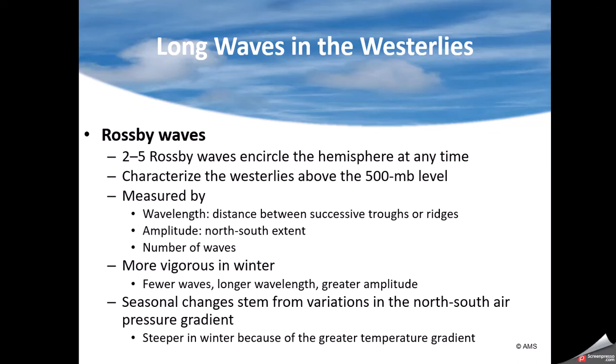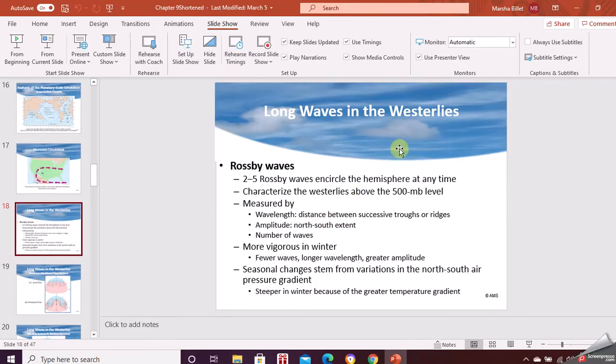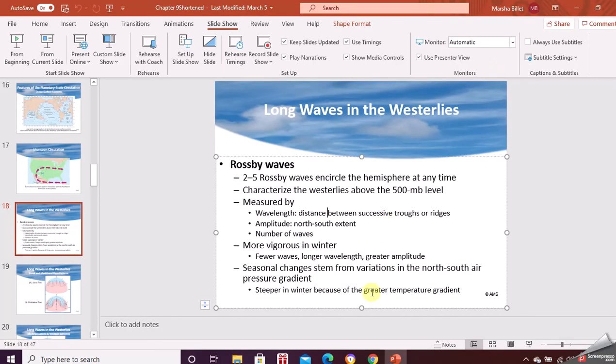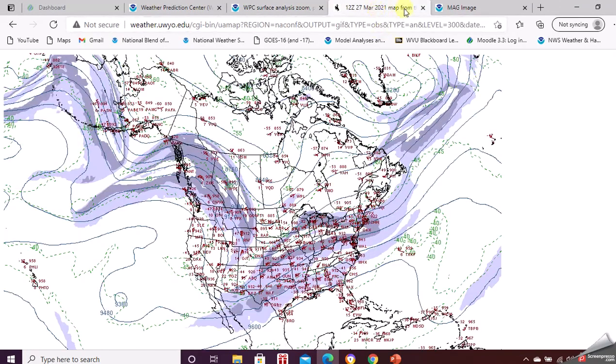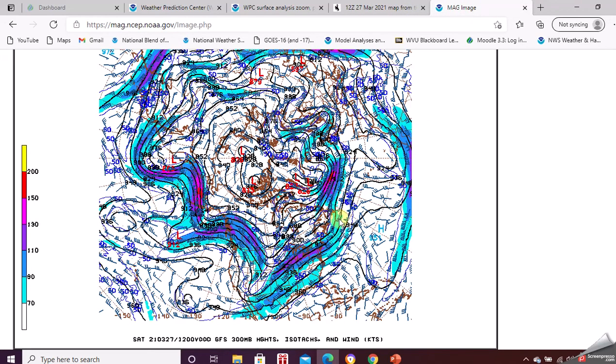Okay, Rossby waves are long waves in the atmosphere. So again, let's take a look at long waves in the atmosphere here. This is a morning analysis, confusing.